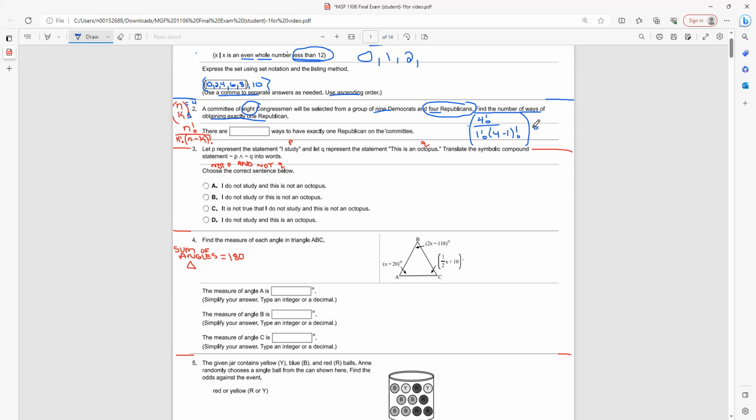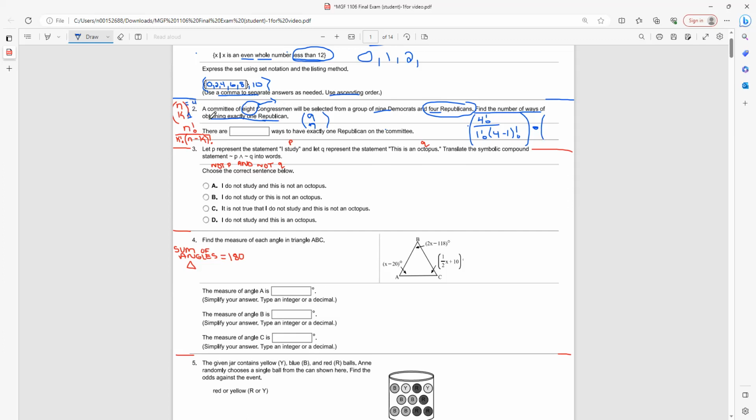And when we simplify this, we'll just get 4. Now we'll multiply this result by the remaining congressmen. So if one of those congressmen is going to be Republican, of course, the other 7 would have to be Democrat. So that means we would now be choosing those 7 remaining positions from the 9 Democrats. So 9 choose 7. We're going to multiply both of these together. So we would use our same formula.